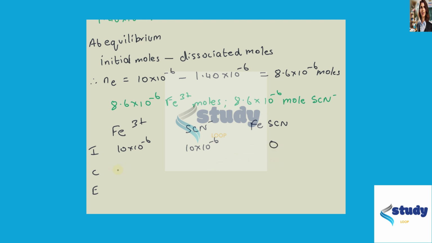From this, minus 1.40 × 10^-6 would get dissociated to form 1.40 × 10^-6, and we would get 8.6 × 10^-6 at equilibrium.